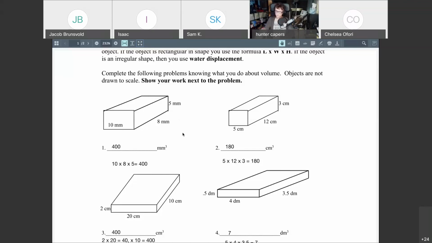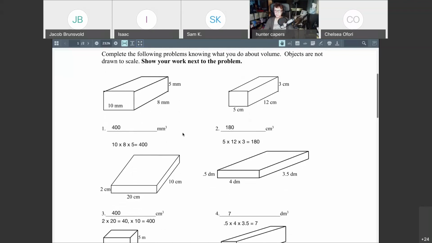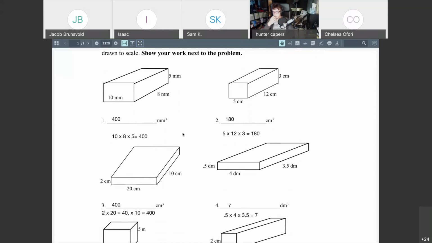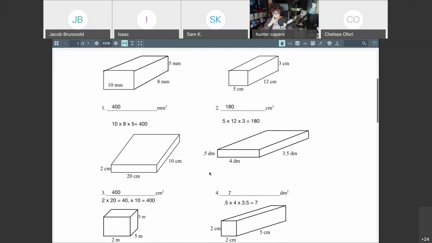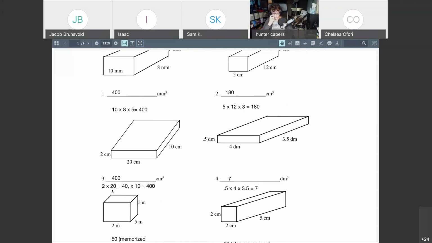Okay, so let's just take that as an assumption that you probably got all of these correct then. In this first section, we're just multiplying them all together, and that's going to get us our volume. So that looks good.